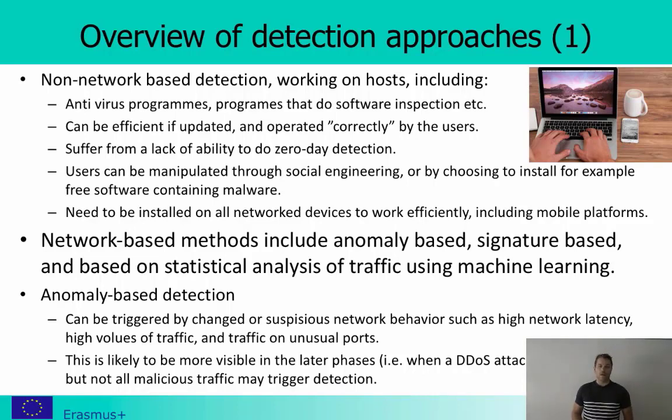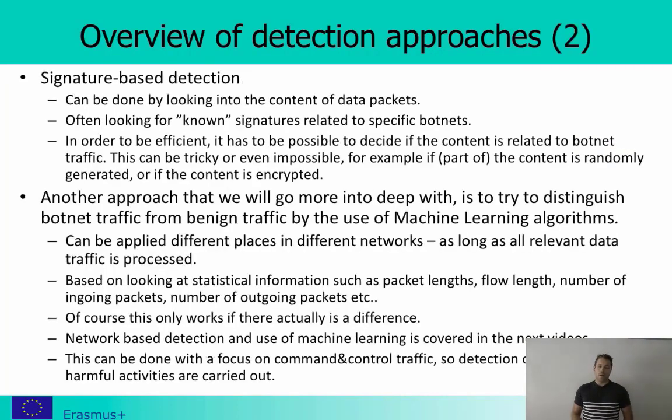Moving on to the next slide, we have signature-based detection, which works by looking into the content of all the packets. So you need to look into the payload or into the patterns of the packets, and then look for signatures related to specific malwares or specific botnets.